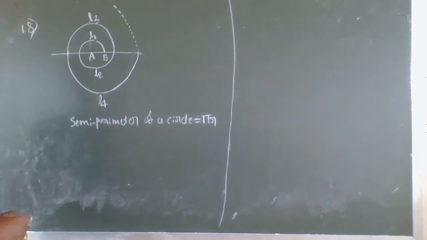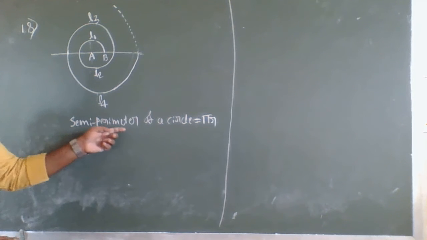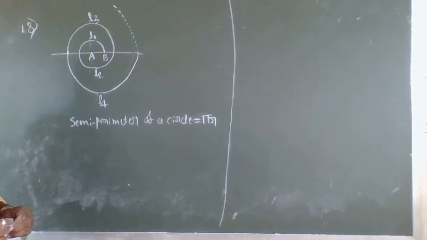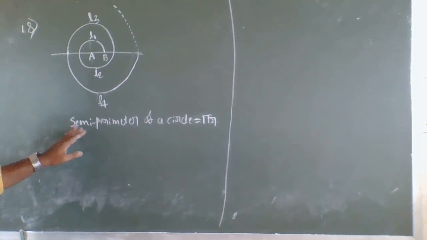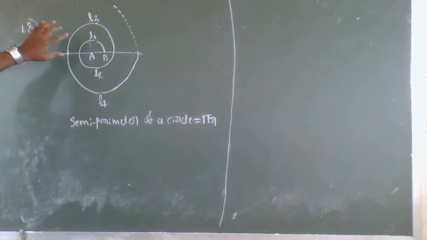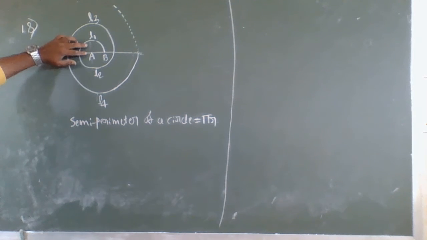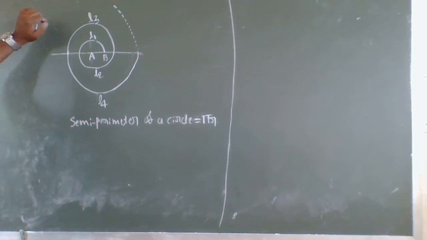So now, what I have written here: the semi-perimeter of a circle is pi r. You should know this. Now, what have they given? The radius of the first semicircle is 0.5.